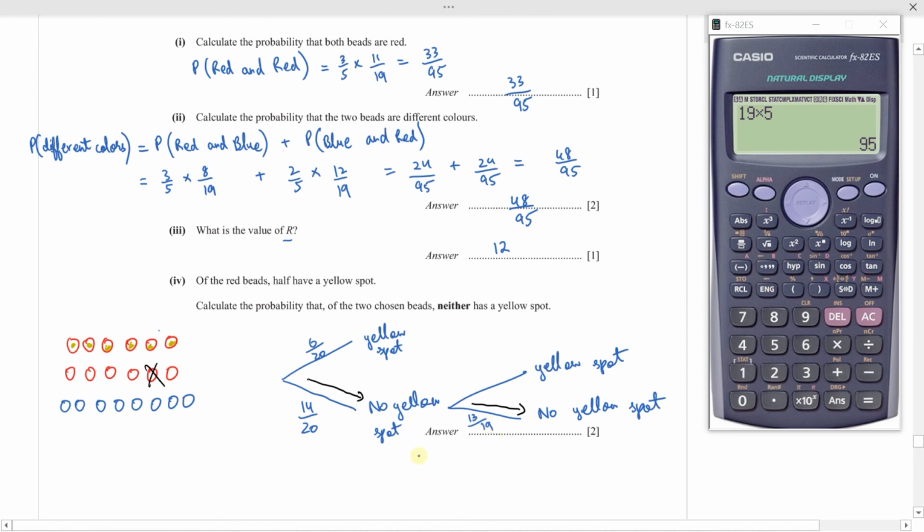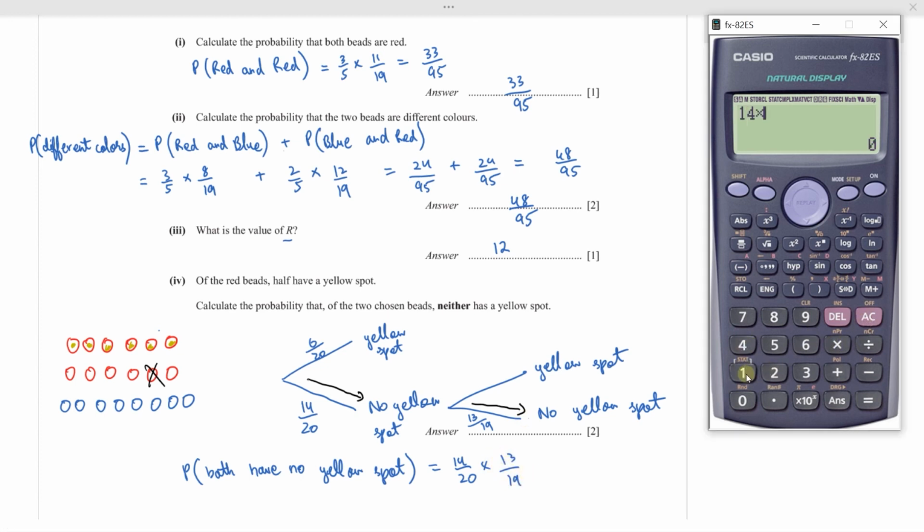So your probability that both have no yellow spot will be this. You pick the first one which has no yellow spot, which is 14 over 20, multiplied by, you pick the second one which has no yellow spot, which is 13 over 19. So 14 into 13 is 182, divided by 20 times 19 is 380.